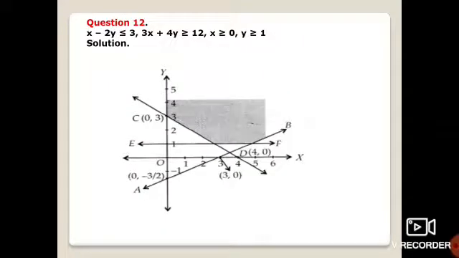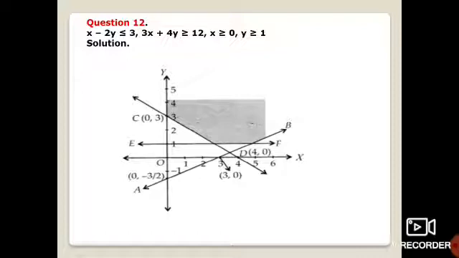Now x minus 2y less than or equal to 3, 3x plus 4y greater than or equal to 12, x greater than 0, y greater than 1. The line y equal to 1 should be drawn, the equation x minus 2y equal to 3 should be drawn, and 3x plus 4y equal to 12 should be drawn. Check by substituting 0, 0 in these equations. If the condition is satisfied, you have to shade towards the origin, and if the condition is false, you have to shade away from the origin.